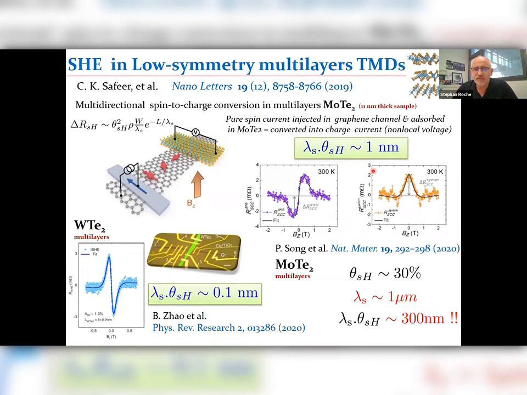Another result on multilayer molybdenum ditelluride concluded on a spin-Hall angle of 30%, again very high, with a spin diffusion length of 1 micron at room temperature, while the product will reach 300 nanometers. So here we are speaking about 5 orders of magnitude larger than what we know for conventional heavy metals. However, this work and the interpretation is debated.